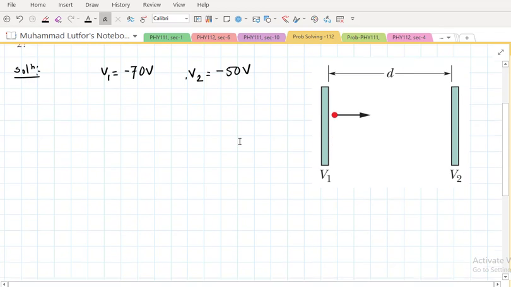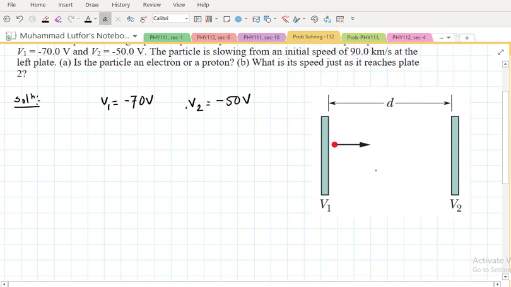It means that V2 is at higher potential with respect to V1. If it is at higher potential, then the electric field would be directed from high to lower potential, so from right to the left.